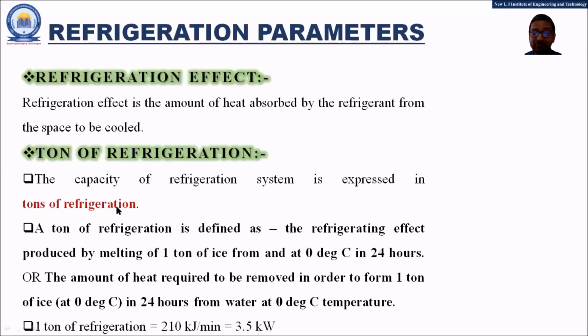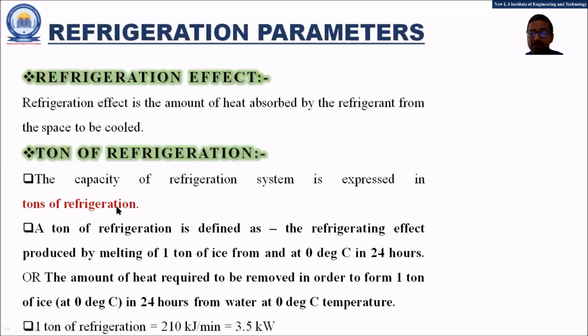Or another definition tells that it is the amount of heat required to be removed in order to form 1 ton of ice at 0 degrees Celsius in 24 hours from water at 0 degrees Celsius. So these are the two important definitions of the ton of refrigeration.